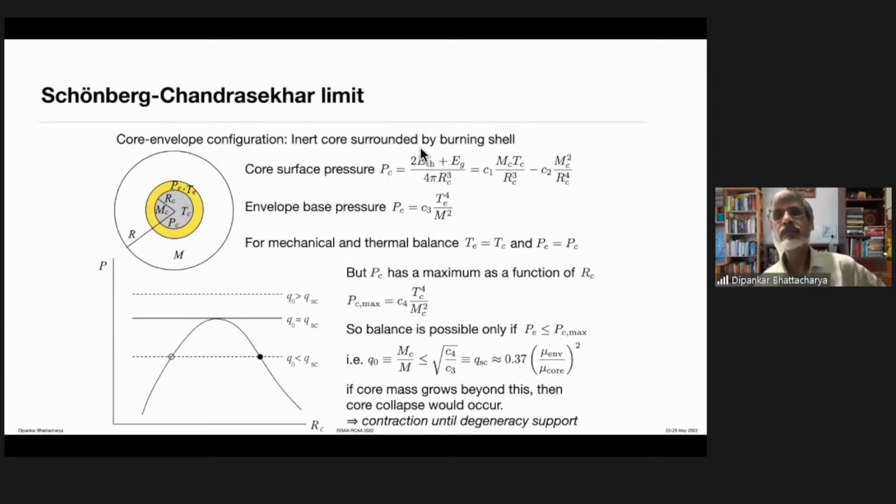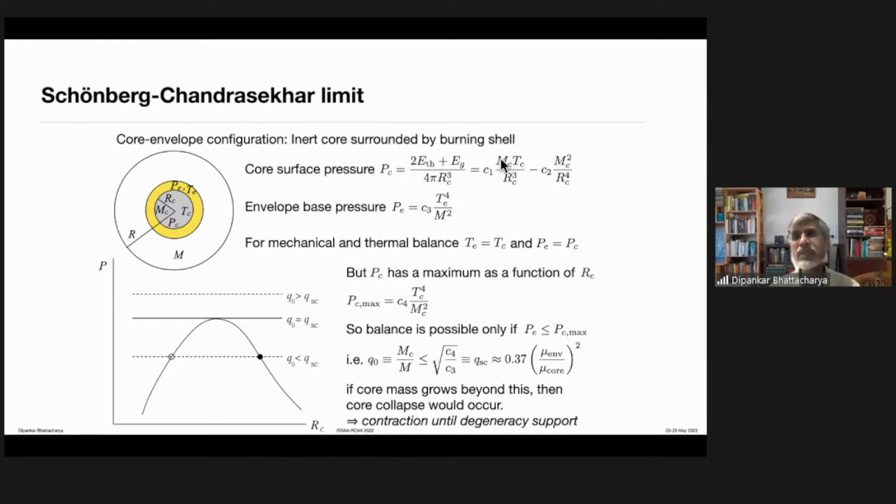And now I can take E thermal and write it as being proportional to Tc, because you can have a specific heat, specific heat per unit mass, and the mass, so that this is the total heat capacity, times Tc. So that is the thermal energy. The C1 has absorbed the constants like 2, 4, pi and so on.